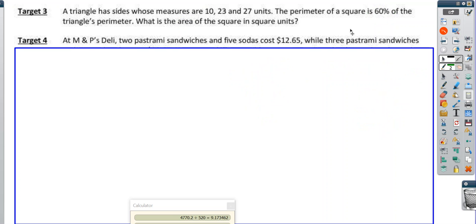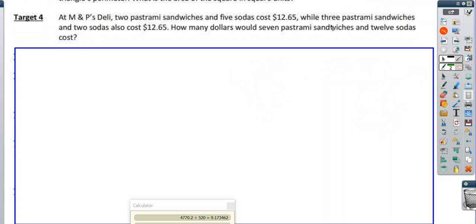For number 4, oh, this is a classic type of system of equations. So we have 2 pastrami sandwiches plus 5 sodas, and that costs $12.65.